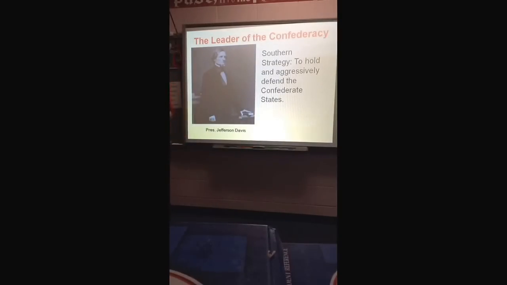The leader of the Confederacy was President Jefferson Davis. They identified themselves as a whole new nation, and they came up with a certain strategy. They understood that they had limited strengths in terms of factories, mobility and railroads. And so they knew, we don't have those things to move our troops all over and to supply them.